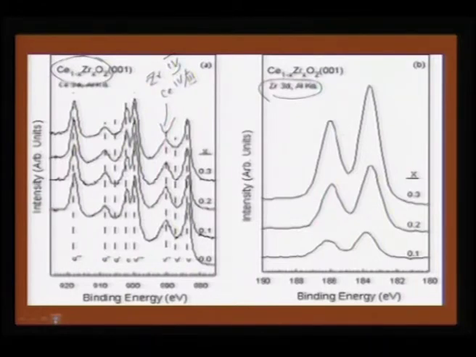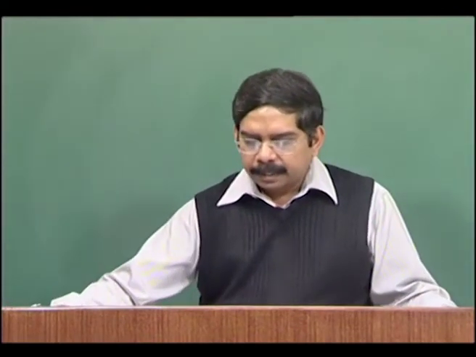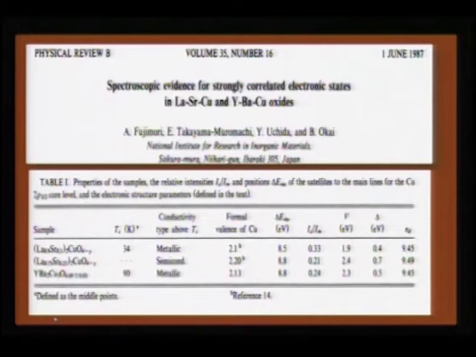And similarly, XPS has been used almost to crack the chemistry behind the superconductors, and I will be dealing with the superconducting oxides in one of the lectures in module 5, but here quickly I want to bring out the usefulness of X-ray photoelectron spectra in elucidating the electronic states of copper valency.